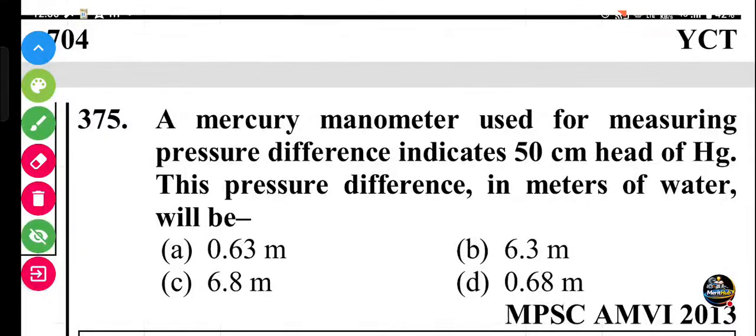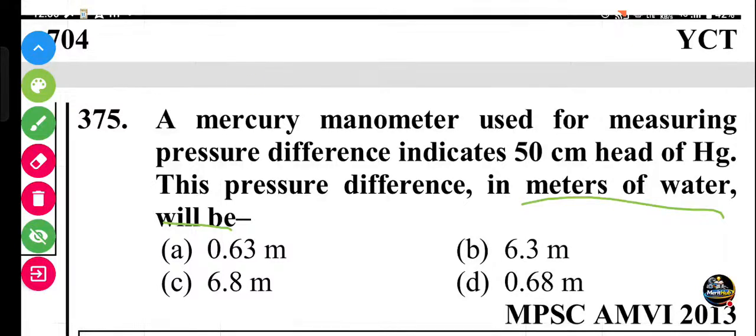Question number 375. A mercury manometer used for measuring the pressure difference indicates a 50 centimeter head of Hg. Find the pressure difference in meters of water.